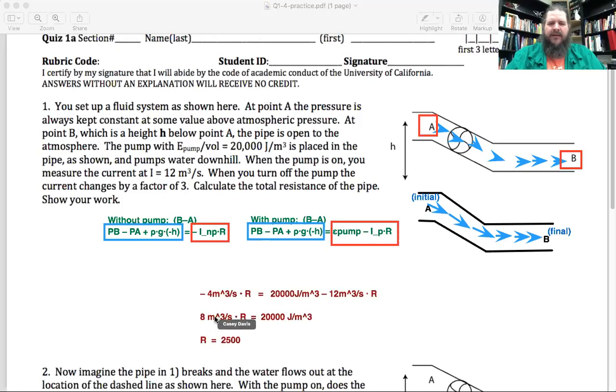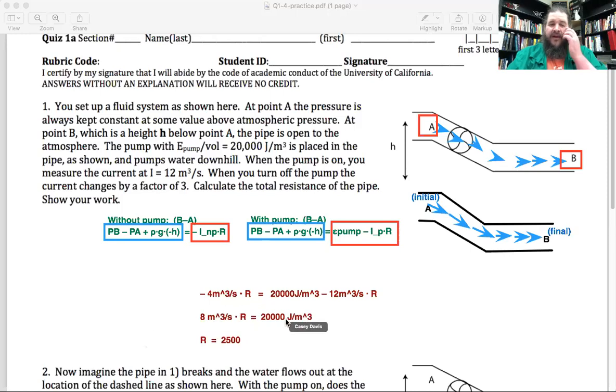If we're dividing by meters cubed per second, what units do we get on the other side of the equation? Not just joules per second, because remember, we're not multiplying by cubic meters per second, we're dividing by meters cubed per second. That's the same as multiplying by the reciprocal. So what do you get if you take joules over cubic meters and multiply by seconds over cubic meters?